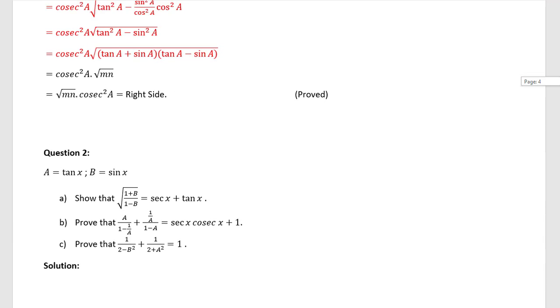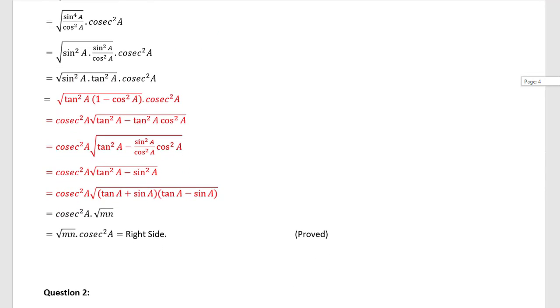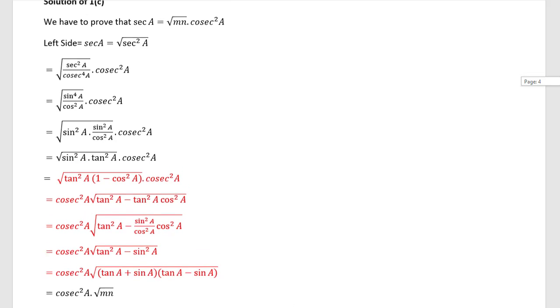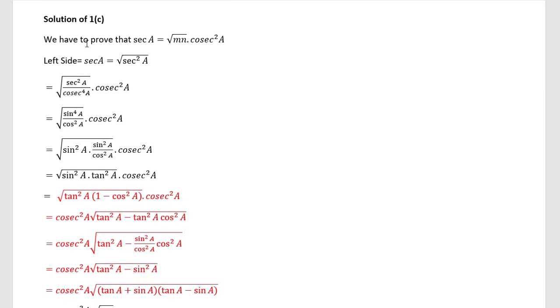We are given that sec a equals root over mn into cosec square a. So at the left side we have sec a, and at the right side we have root over mn into cosec square a.